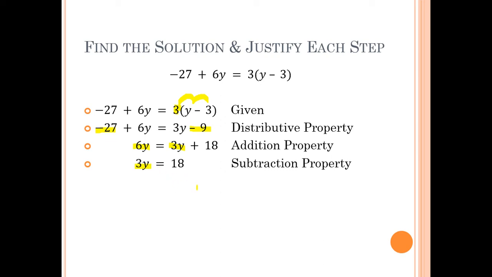So our final equation is 3y equals 18. Lastly, to get y by itself, we have to divide by 3 on both sides. And we know if we're dividing something on both sides of the equation, that's division property.